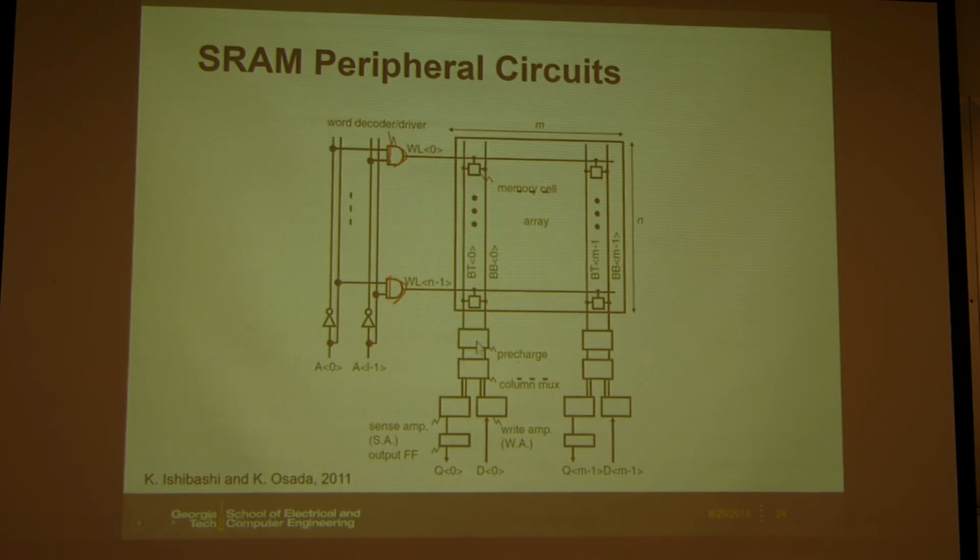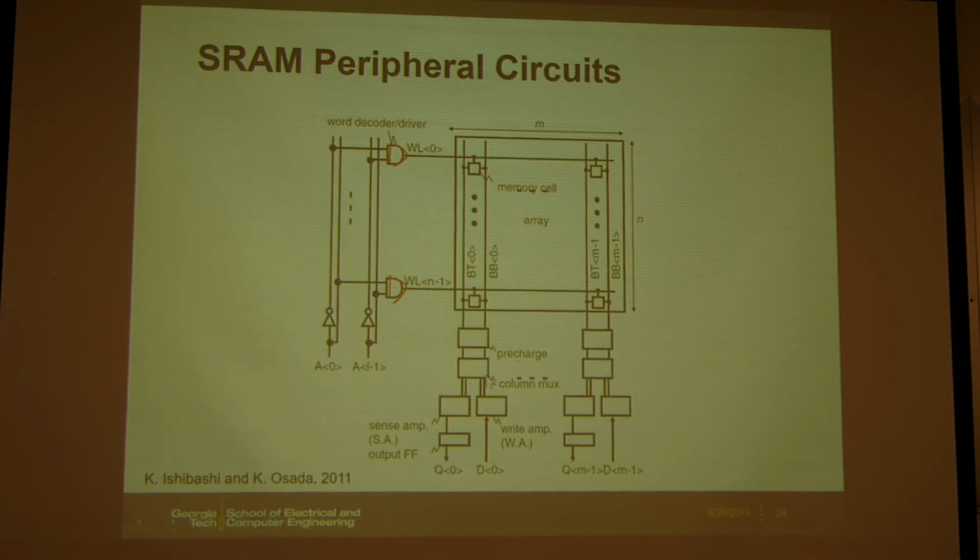And then at the end of the column, we can have the precharge circuits here, and then the column mux. In this particular case, we can have each column have its own sense amp and write driver.